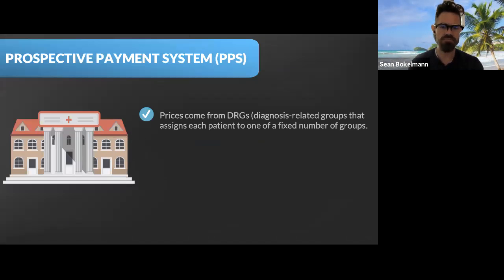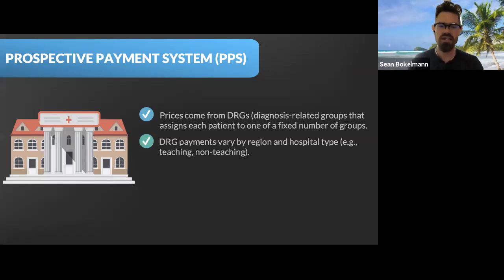So where do these prices come from that the hospital receives? It comes from something called diagnosis-related groups, or DRGs. And they basically assign each patient that they admit to one of these groups.